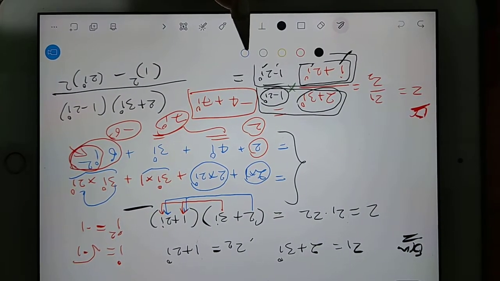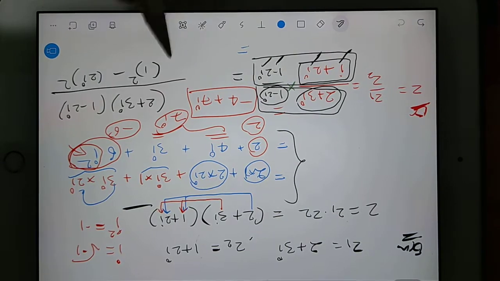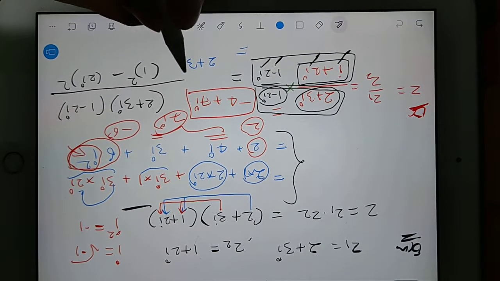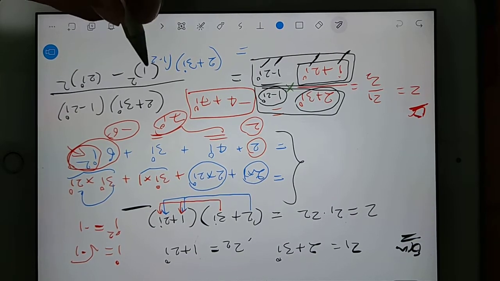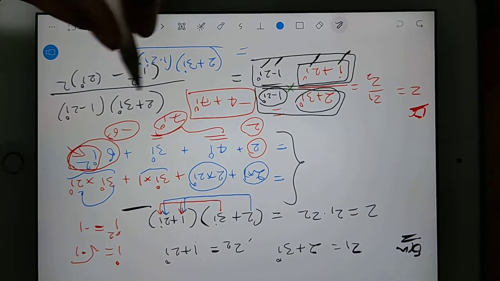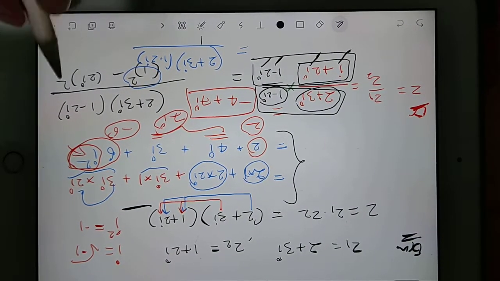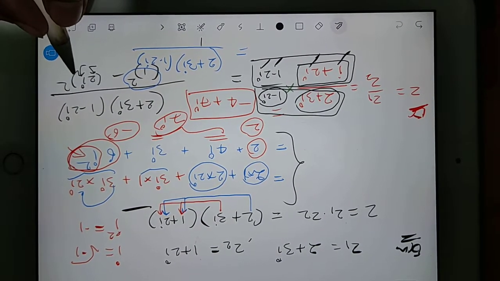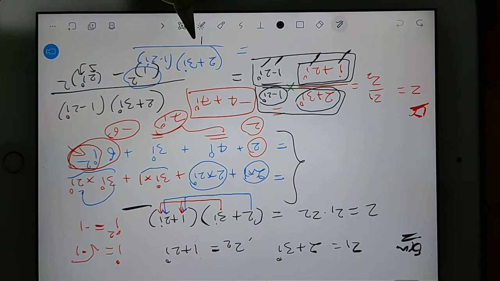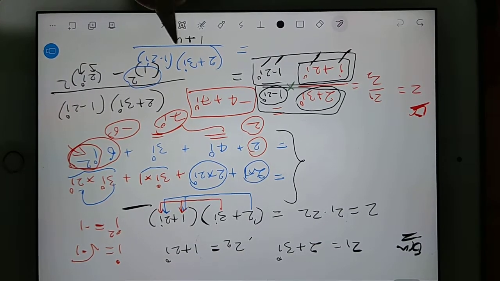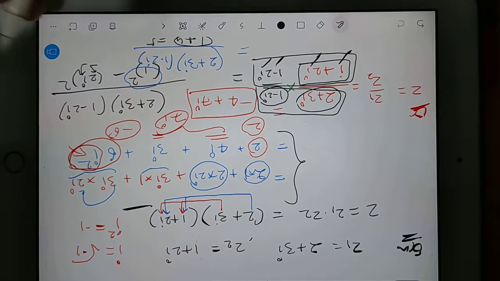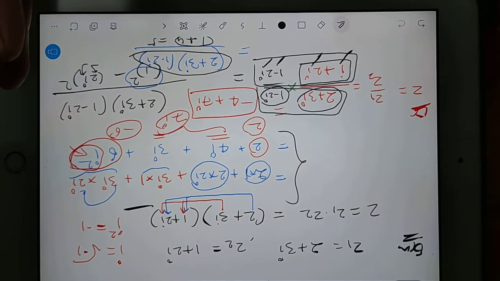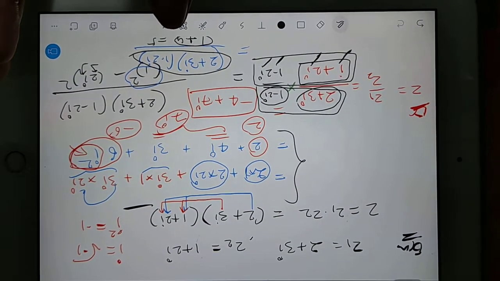So this multiplication part you leave as it is. No need to waste time in that. 1 minus 2i, and divide by this: 1 square will be 1 as it is. Now square of 2 is 4. Square of i is minus 1. So minus 4, so it will be plus 4 here. So finally we got this as 5. So this is how you'll be getting your answer. And the numerator part you just leave right now as it is.